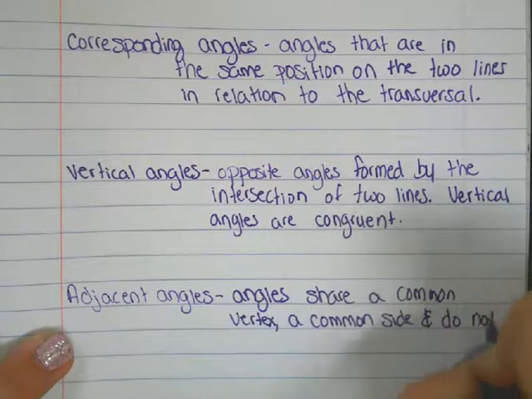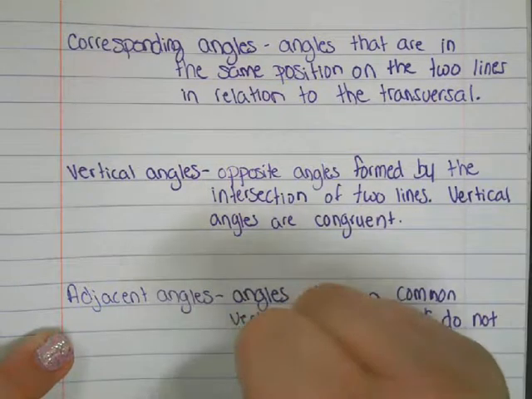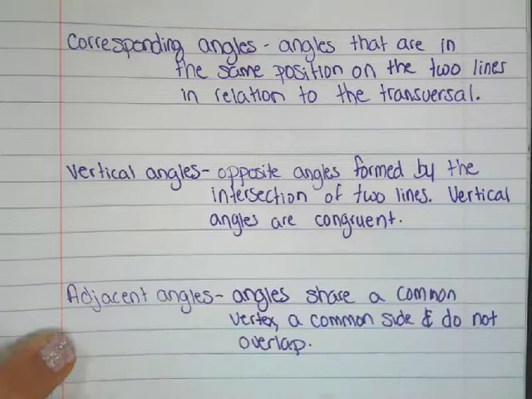So they have to have a common vertex, a common side, and they cannot overlap.